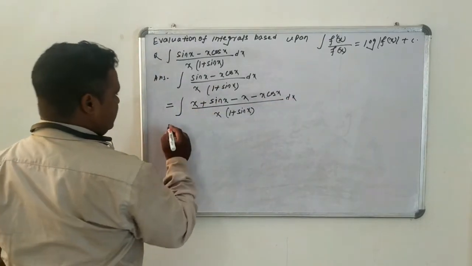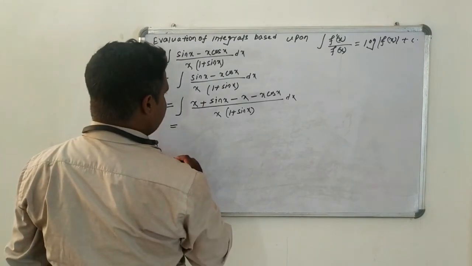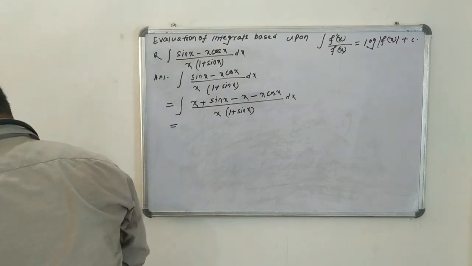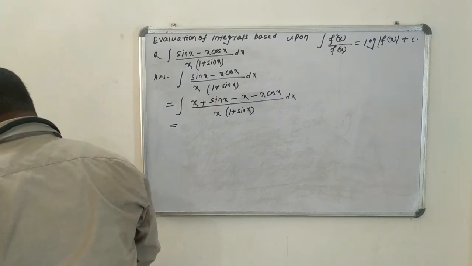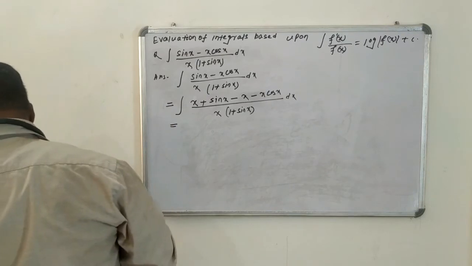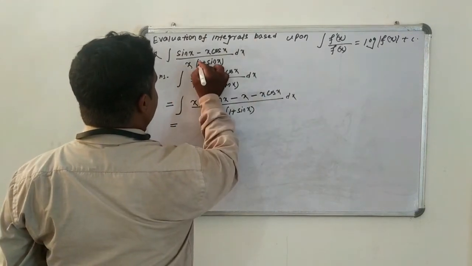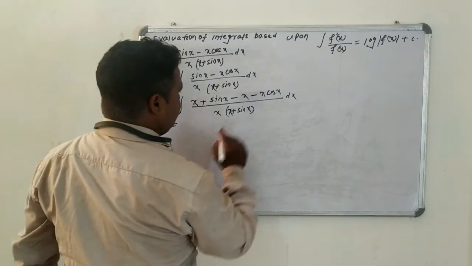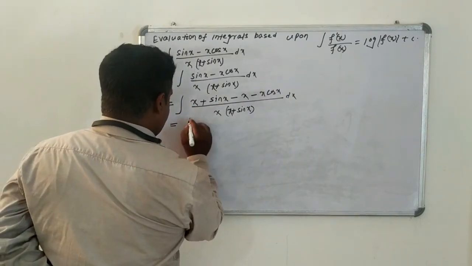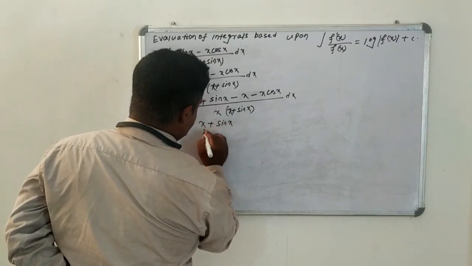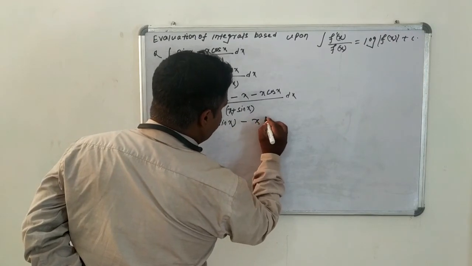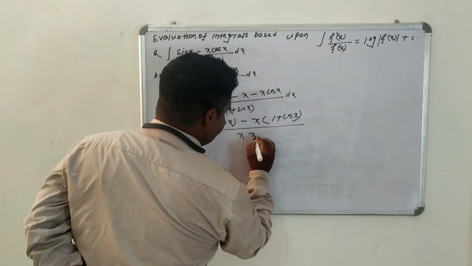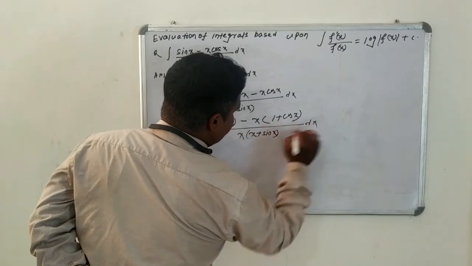Now x plus sin x is one part, minus x is the common factor, and 1 plus cos of x is another part, whole divided by x times x plus sin x dx.